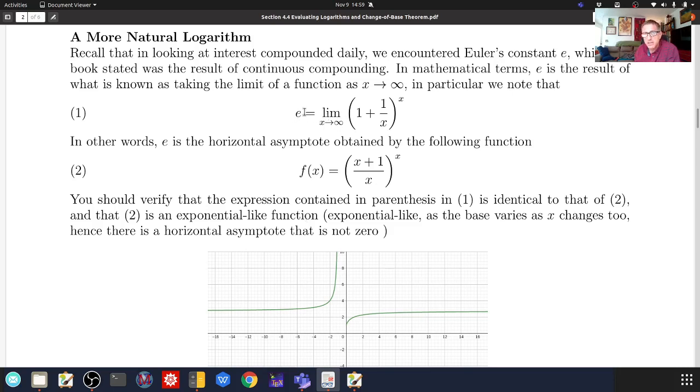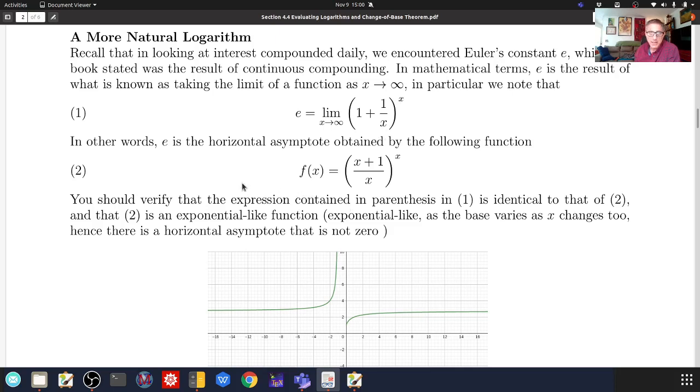So the only difference here is we have this really close to continuous compounding formula. The difference is that x is both in the denominator of our base and in the numerator as an exponent.